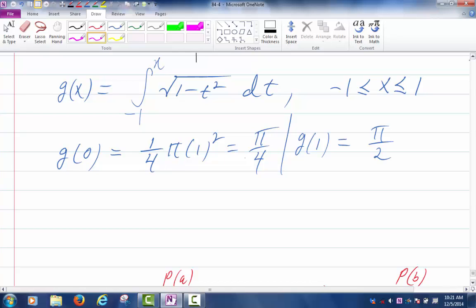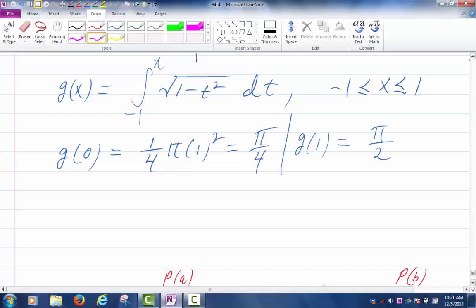In this case, I won't be able to give you a closed formula. Remember, for the integral from 0 to x of t dt, I said that's half of x squared. I won't be able to give you a closed formula for this in terms of x. I could if I was in Calc 2, but right now I can't. But let's see what g of x is representing.